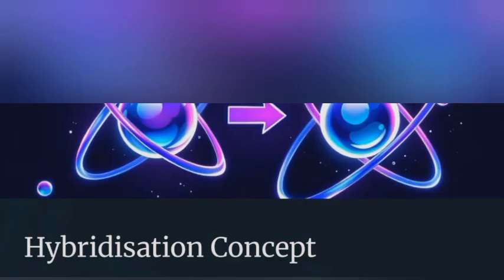So pay attention to some of these key parameters mentioned in this definition. It is the mixing of what? Atomic orbitals. To do what? Form new orbitals. Then what? The resulting new orbitals have equal energy. So these are the four keynotes when you're trying to talk about hybridization. If you're asked to define hybridization, mentioning these four things would show that you have a clear understanding of what the concept is about.